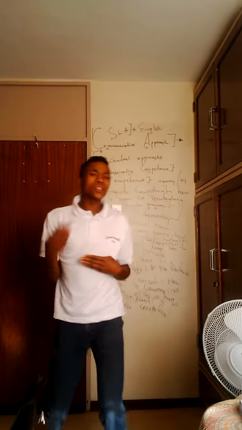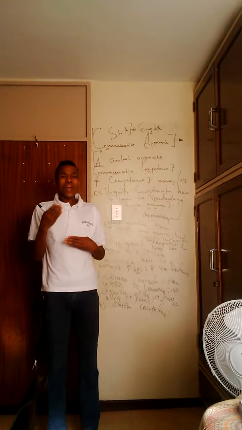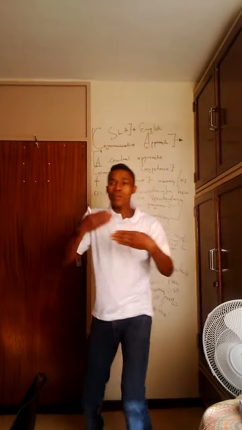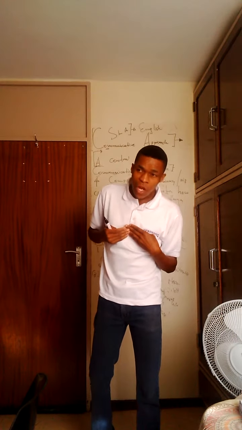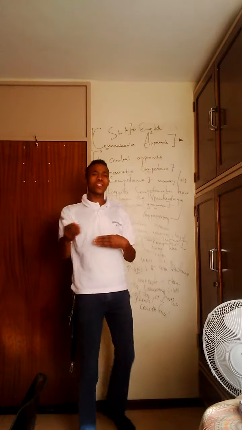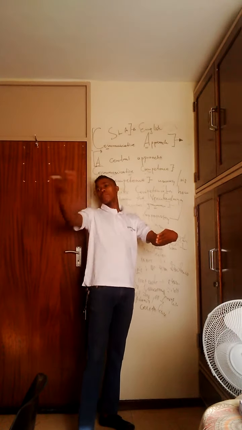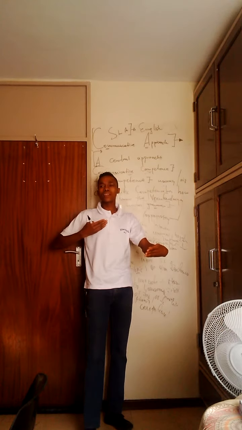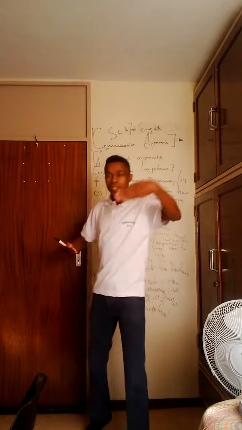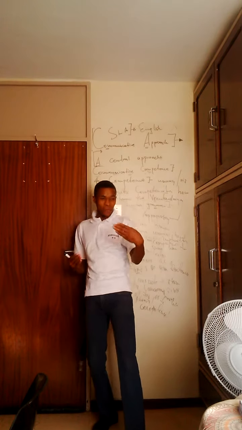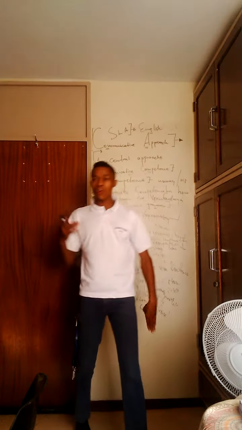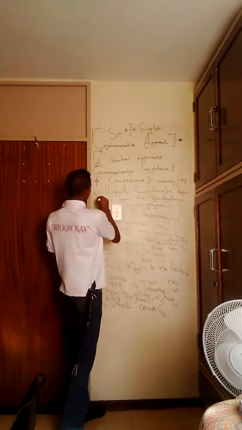If you are doing that, you are experiencing what we call strategic competence. Because you'll be able to know that a particular person is making a mistake, and you are going to develop a skill of recognizing and repairing the communication breakdowns.